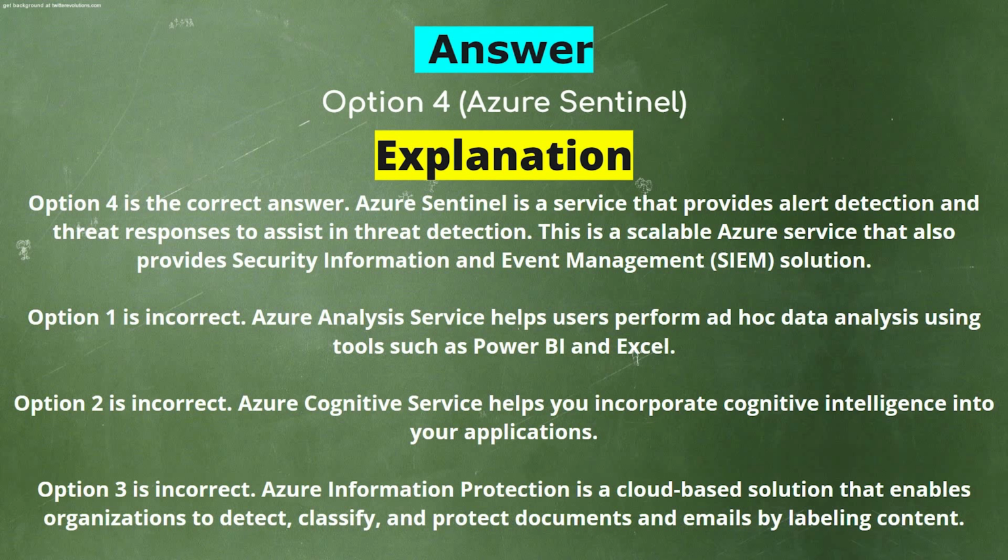Option 2 is incorrect. Azure Cognitive Service helps you incorporate cognitive intelligence into your applications. Option 3 is incorrect. Azure Information Protection is a cloud-based solution that enables organizations to detect, classify, and protect documents and emails by labeling content.